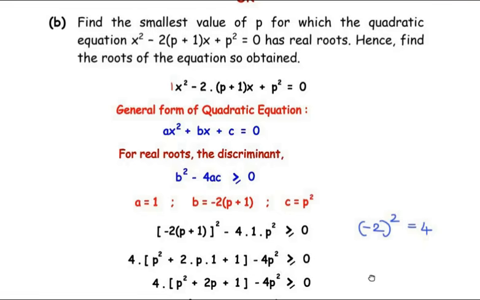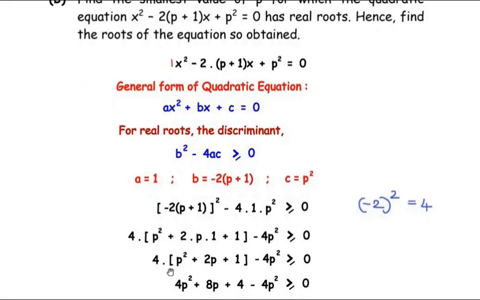Now further simplifying this we get 4 times p square plus 2 times 1 is 2 and 2 times p is 2p plus 1 minus 4p square is greater than or equal to 0. Now let us expand this bracket, that is 4 multiplies with p square giving us 4p square, 4 multiplies with positive 2p giving us positive 8p, 4 multiplies with positive 1 giving us positive 4, minus 4p square is greater than or equal to 0.